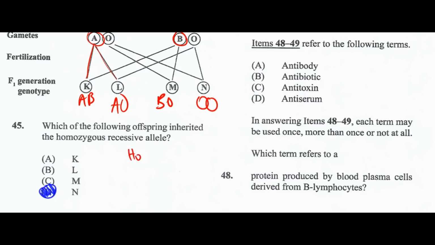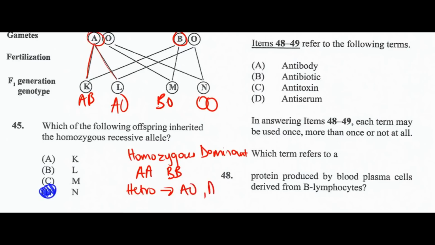Homozygous dominant would mean you have the same allele, two dominant alleles, so you could either be AA or BB. If you're heterozygous, hetero meaning different, you'll have AO or AB or BO. And if you're homozygous recessive, you'll have both recessive alleles, which would be OO.